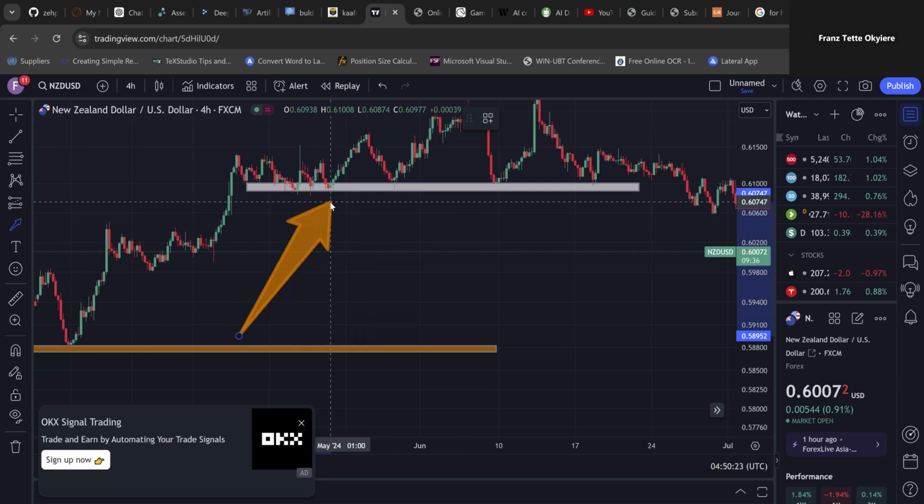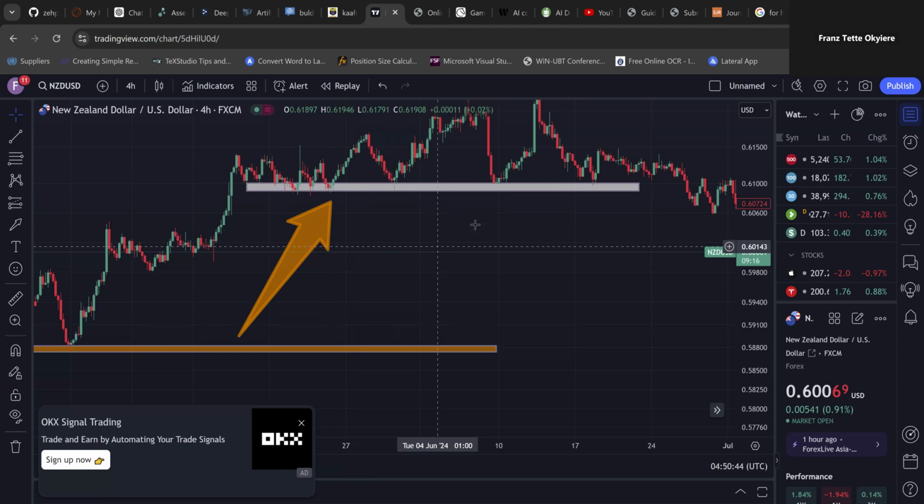But why are they important? They're important because then you can use them as your take profit, your TP, or your stop loss, SL. So if you place an order at the bottom zone, then you can always take profit at the top zone. That's the idea.